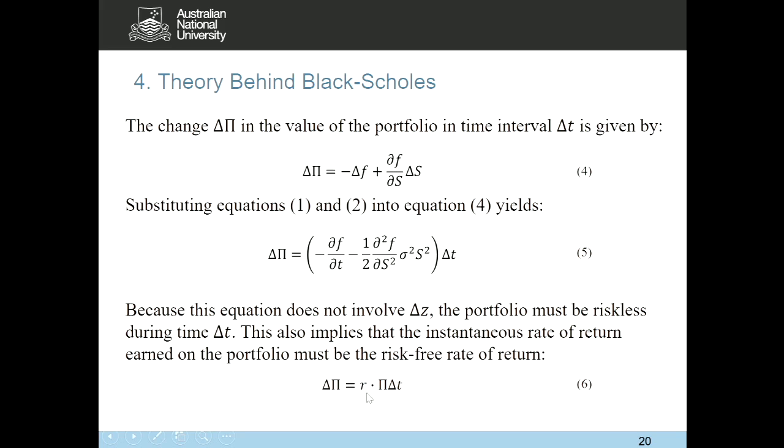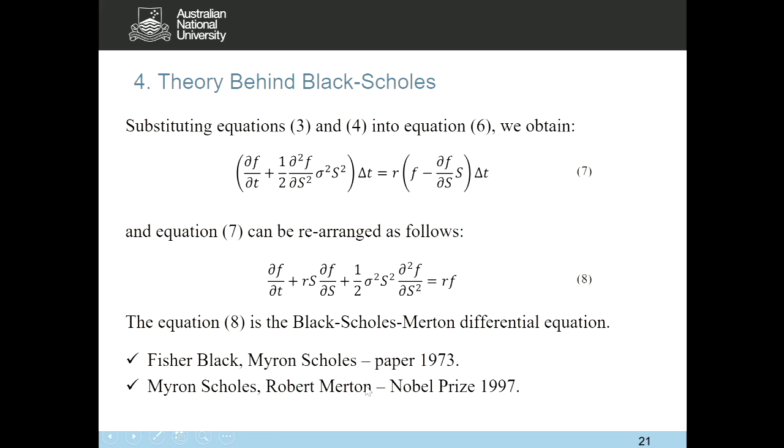Okay? And in other words, the value of pi at time t, over this small delta t time interval, is pi 0 times 1 plus the risk-free rate. So that's the change in the pi, determined by the risk-free rate.